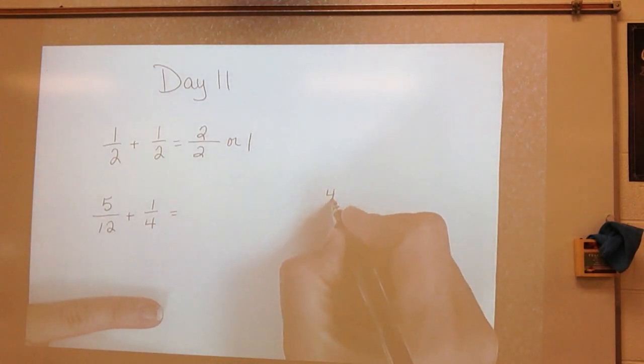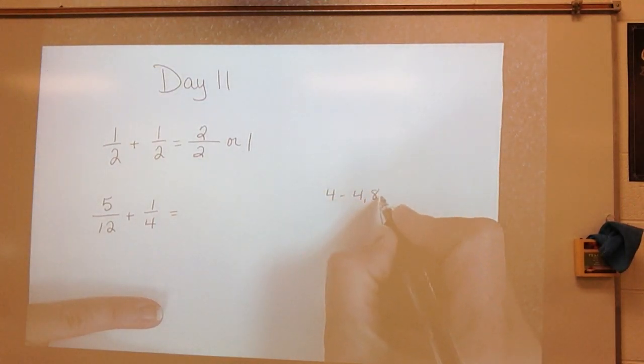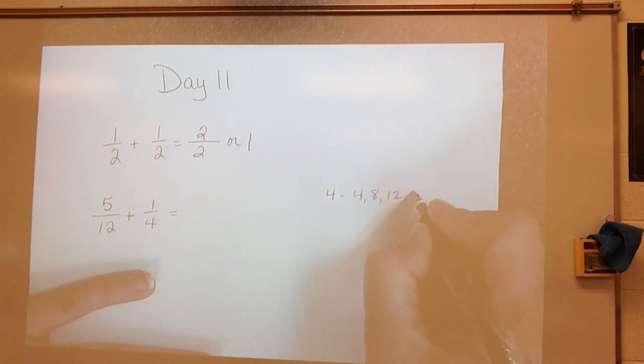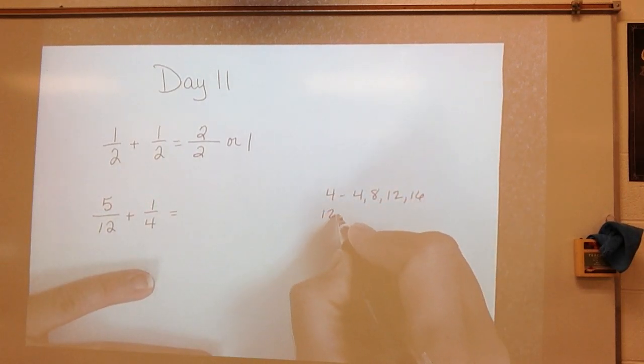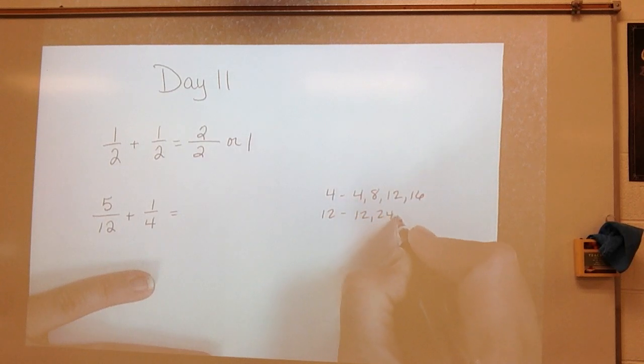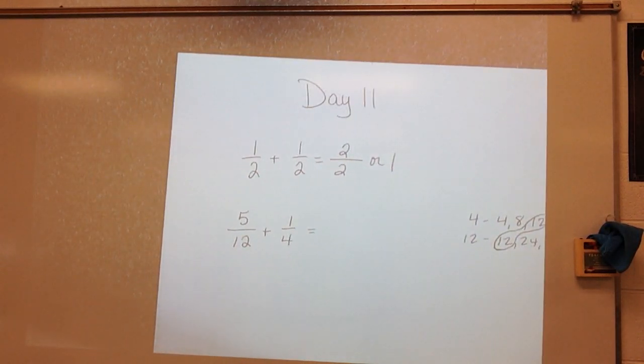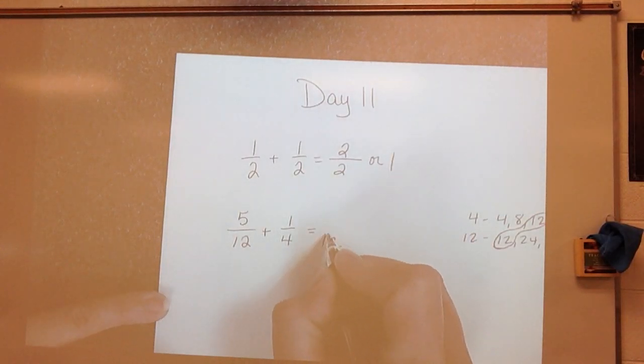So if I come over here and I list all of my multiples of 4, and then I list multiples of 12, I would see that 12 is the smallest number that they have in common. So I'm going to use 12 as my common denominator.